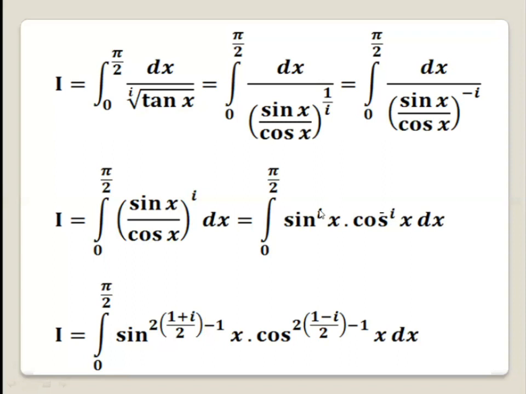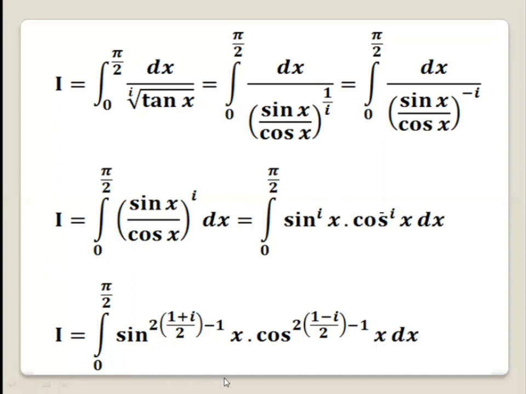Here i can be written as 2 multiplied by (1 plus i over 2) all minus 1. So here the 2 over 2 cancels out, and 1 minus i minus 1 is i. Similarly, for the term minus i, it can be written as 2 multiplied by (1 minus i over 2) minus 1.